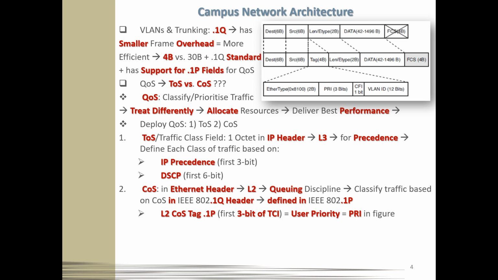Let's say you have a dedicated voice VLAN as best practice. Let's say VLAN 100 is for VoIP telephones.